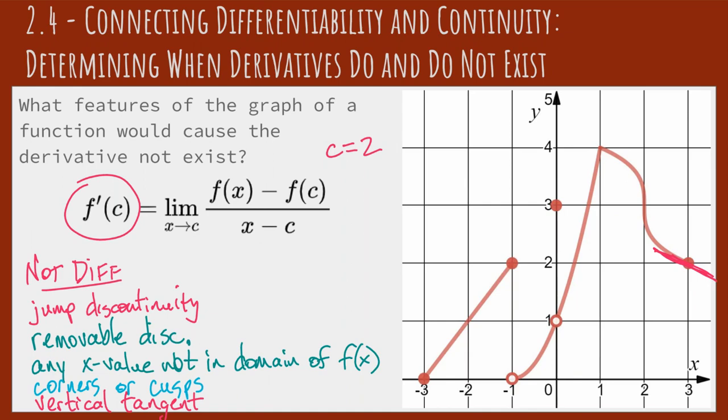So we might look at one-sided derivatives with functions, and a question involving that would be specific. If I just said, is this function differentiable at x equals 3, that would imply a two-sided derivative, and we would say no. But if we say, is it differentiable to the left of 3, then we might say yes.